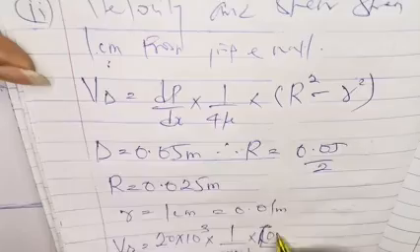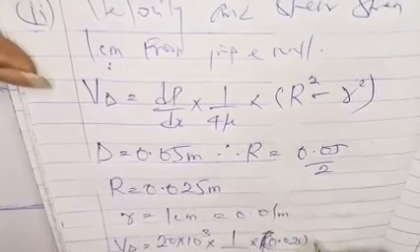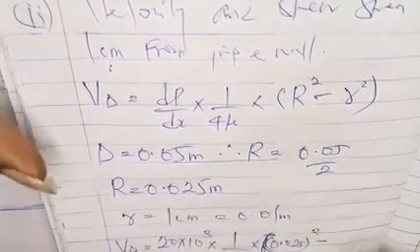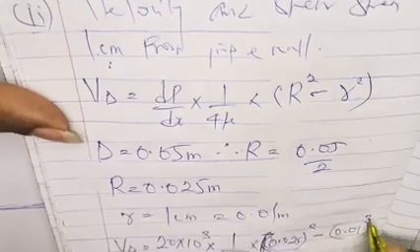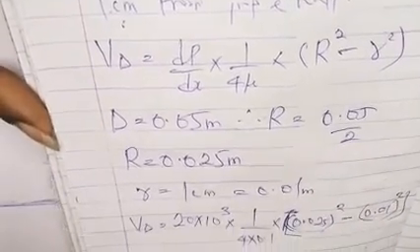So you have 0.025 all squared minus the smaller radius, the distance point, which is 0.01 all squared.